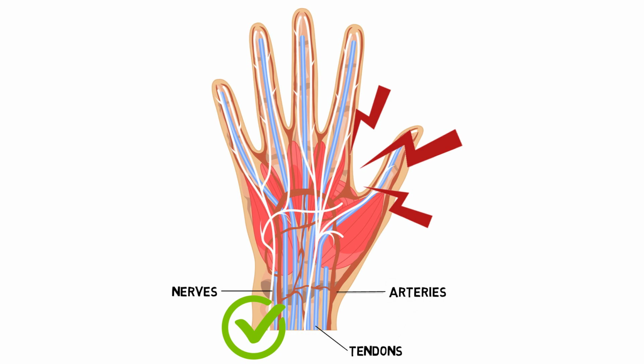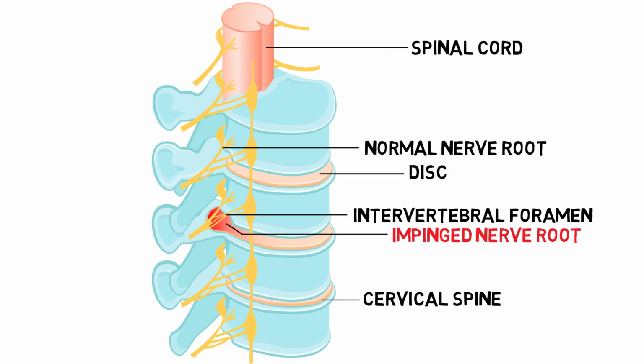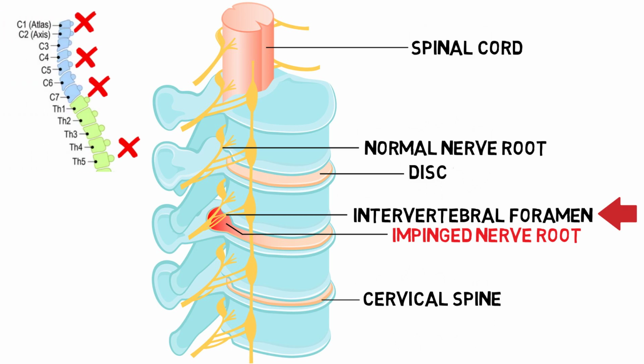The first site where this can happen is from where the nerves exit from your spinal column, through a small opening between the cervical vertebrae, known as the intervertebral foramen. Nerves can become impinged here when the opening becomes narrowed or tightened. One way that this can happen is from the potential joint dysfunction associated with upper cross syndrome that we touched on earlier.